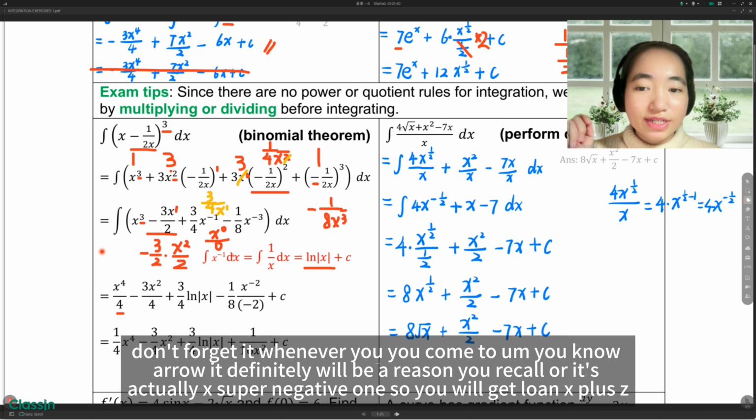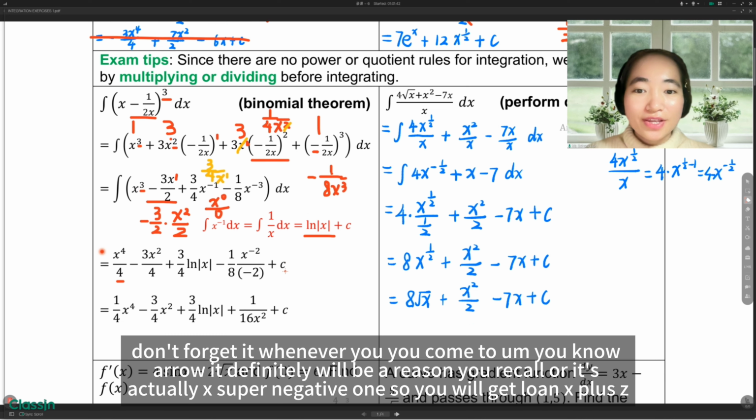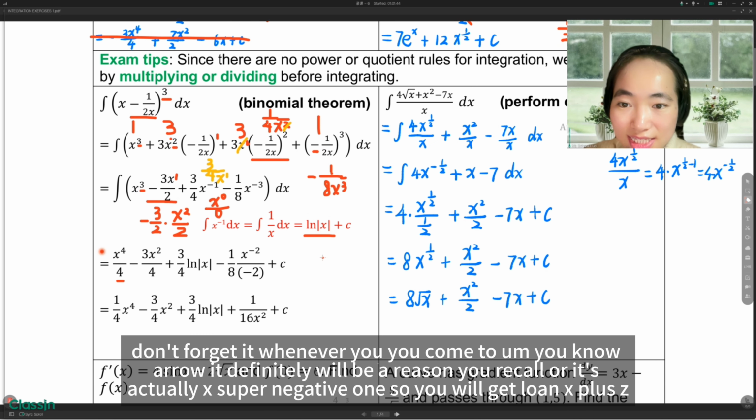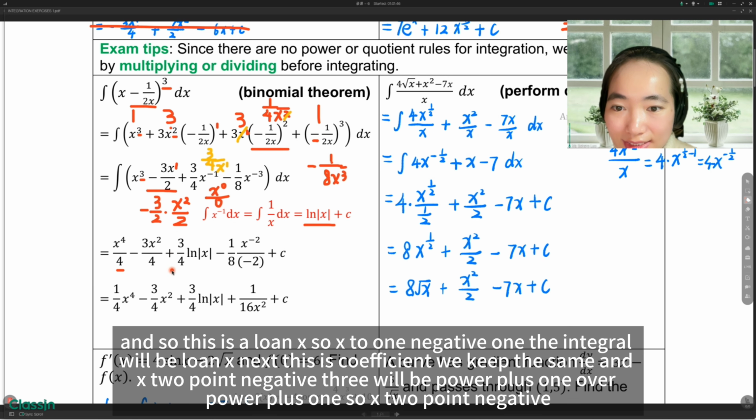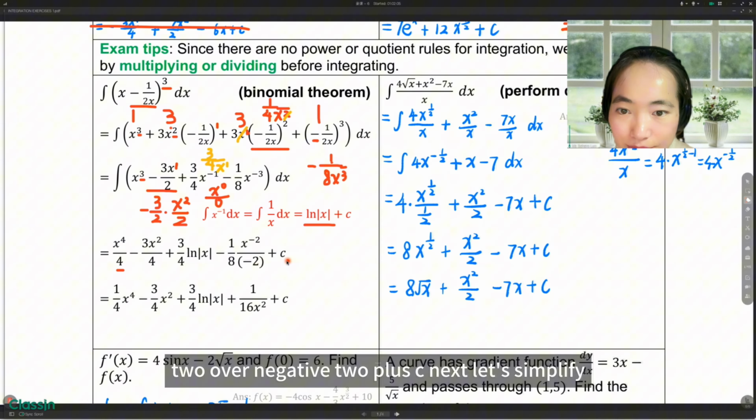You recall, oh, it's actually x to the power negative 1. So you will get ln x plus c. So the integral of x to the power negative 1 will be ln x. Next, the coefficient we keep the same, and for x to the power negative 3 it will be power plus 1 over power plus 1. So x to the power negative 2 over negative 2 plus c.